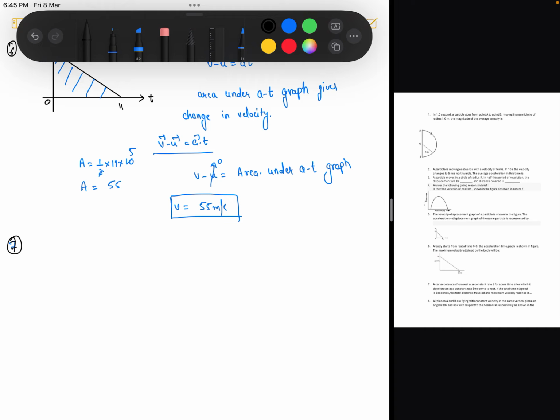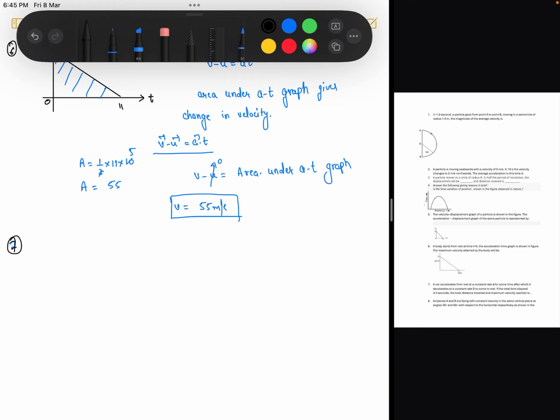If the total elapsed time is t seconds, we have to calculate the total distance traveled and the maximum velocity reached. Okay, the question is simple, but we will be solving it in less time using some different tricks, or using the basic concepts, we can say. So let us pause.